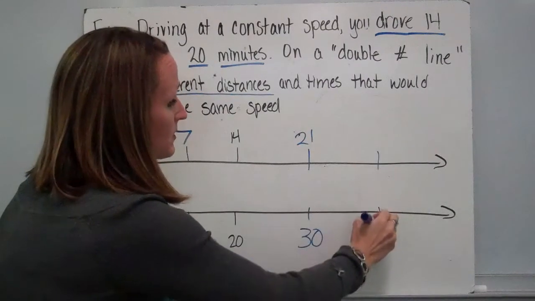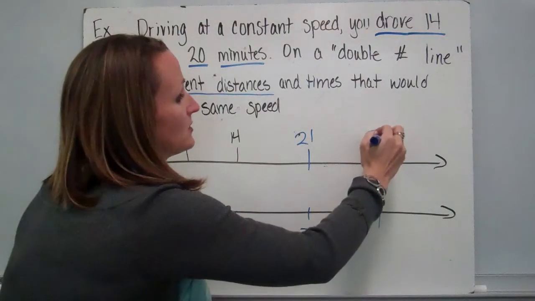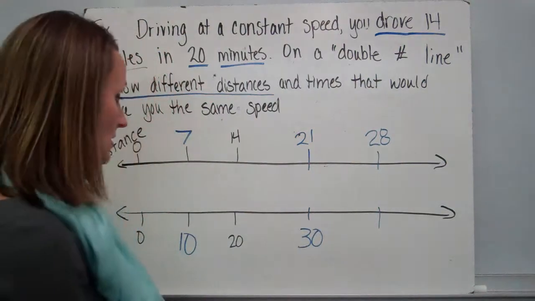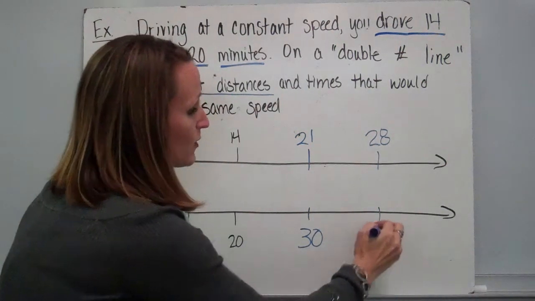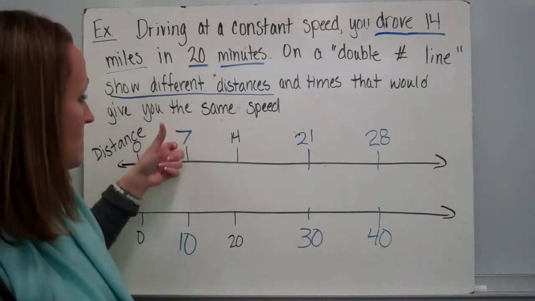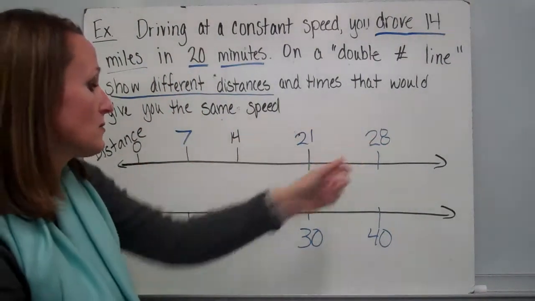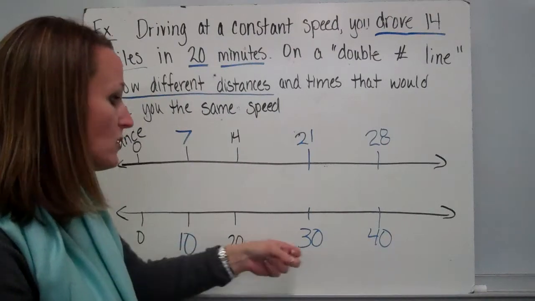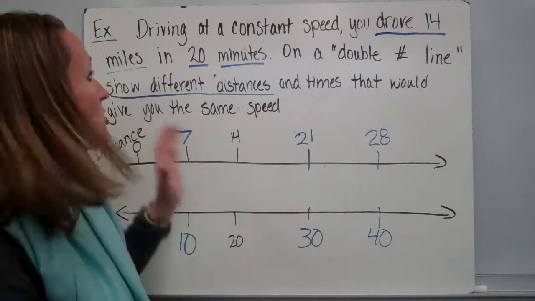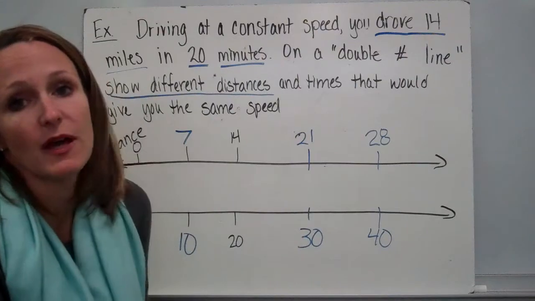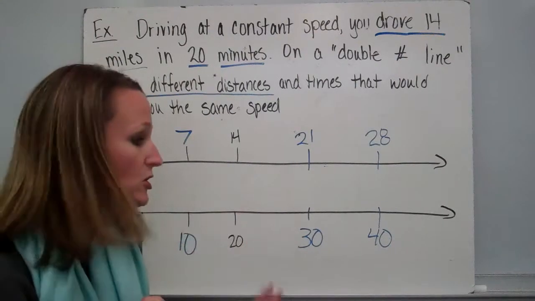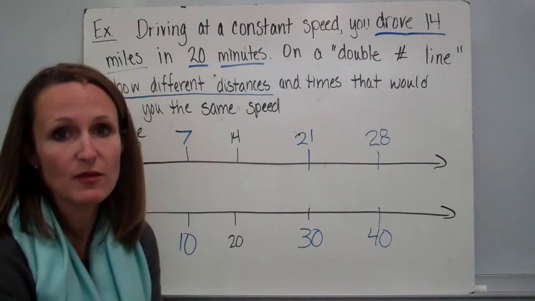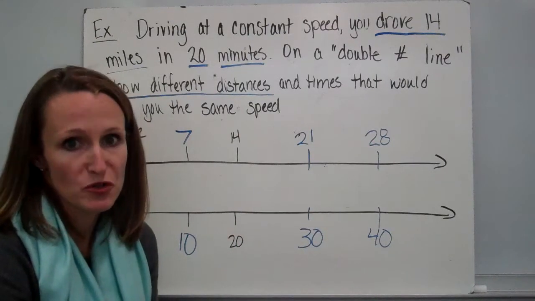Or we could say that we went 28 miles, and look, we're going by increments of 10, so this would be in 40 minutes. This was 7 times 1, times 2, times 3, times 4, and again, times 1, times 2, times 3, times 4. So, when you're working with double number lines, the key is knowing what your ratio is, what your equivalency is, what you're multiplying by, and being able to determine your unit rate.